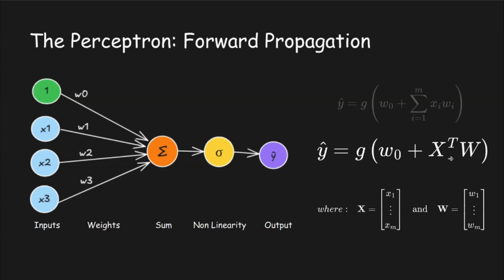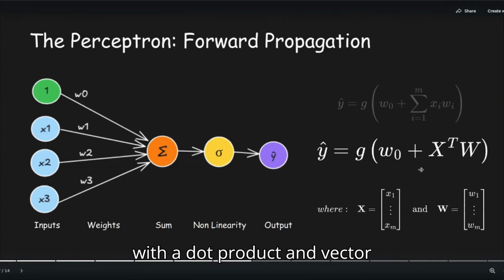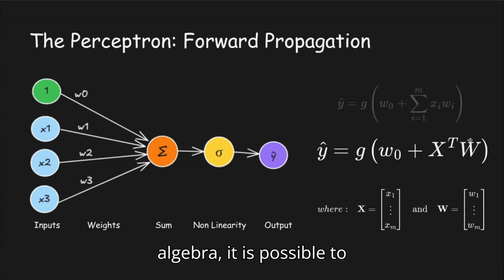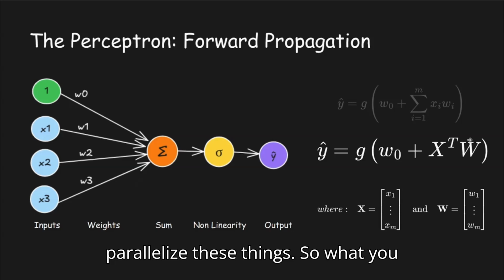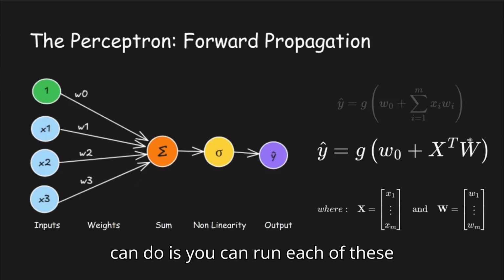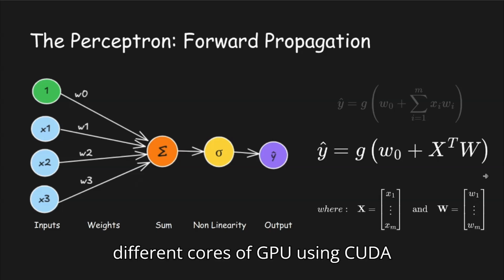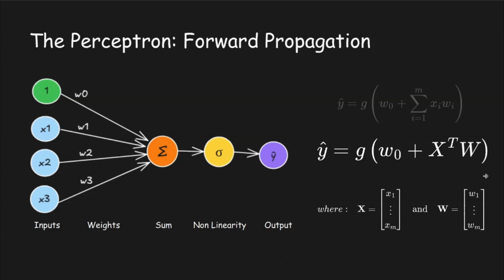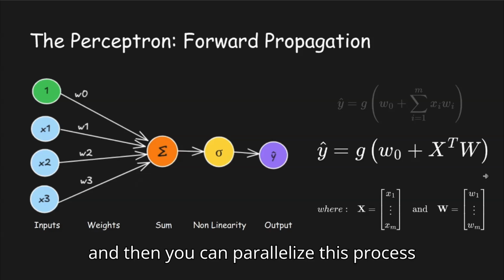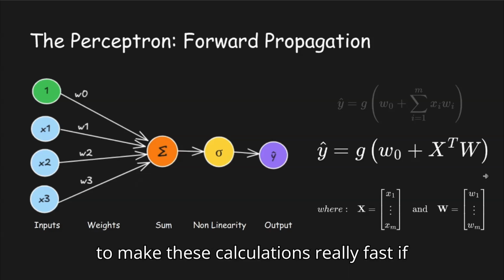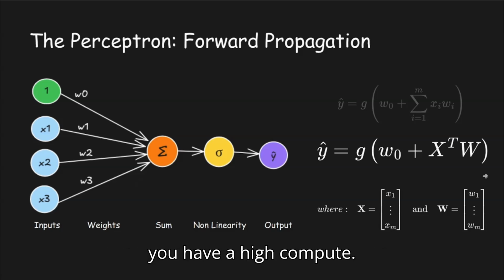So when we replace it with a dot product and vector algebra, it is possible to parallelize these things. You can run each of these multiplication operations in different cores of a GPU using CUDA, and then you can parallelize this process to make these calculations really fast if you have high compute.